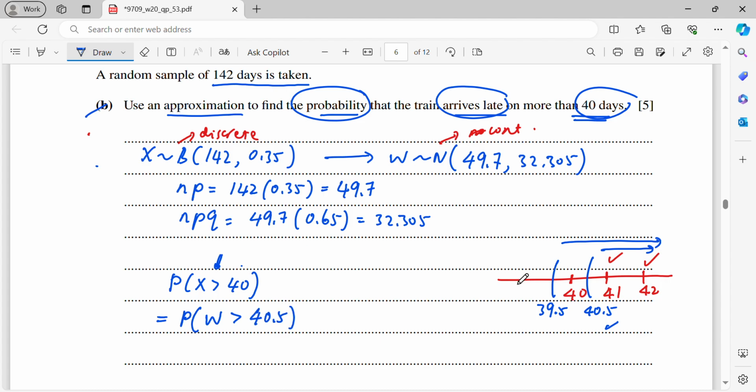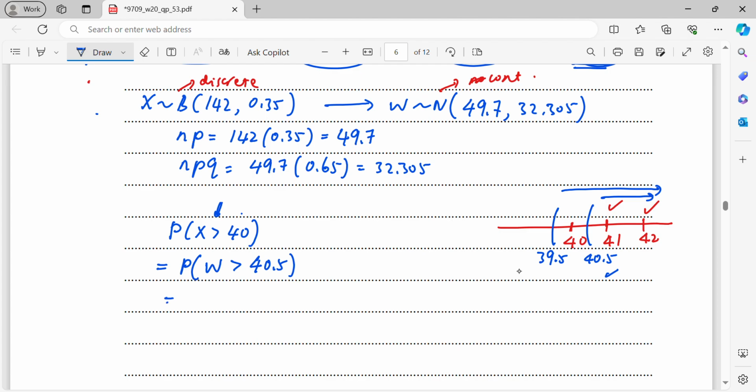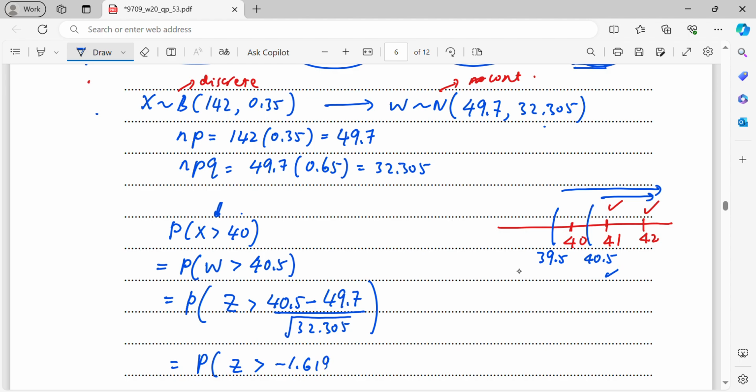So now you standardize it, using the same formula: 40.5 minus the mean, which is 49.7, over the standard deviation, which is the square root of 32.305. Then from here, you will be getting z more than negative 1.619.